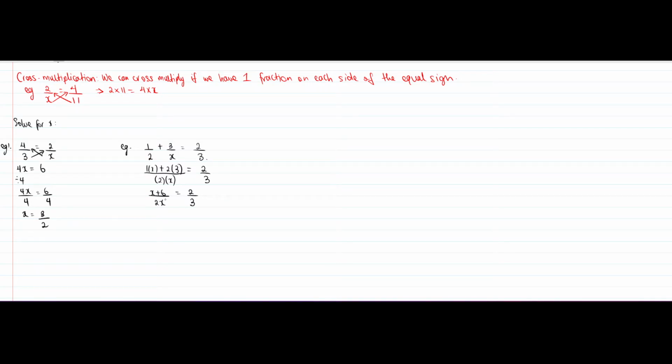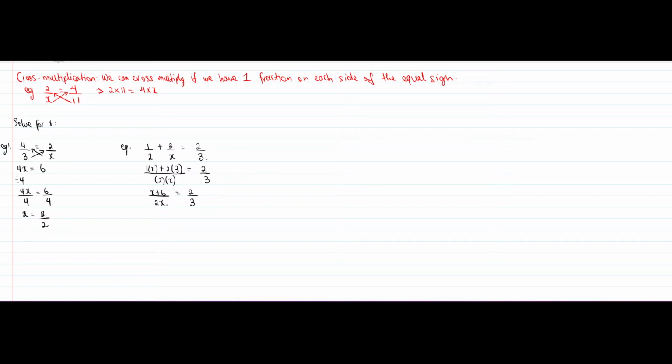So again, pause the video and ask yourself, am I allowed to cross multiply? And the answer is yes. Although I have more than one term on top, this whole thing here is a fraction.